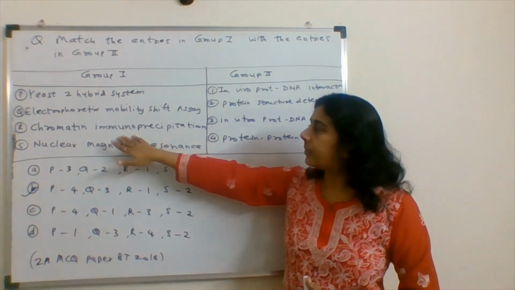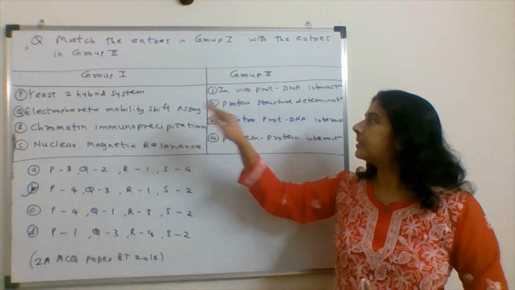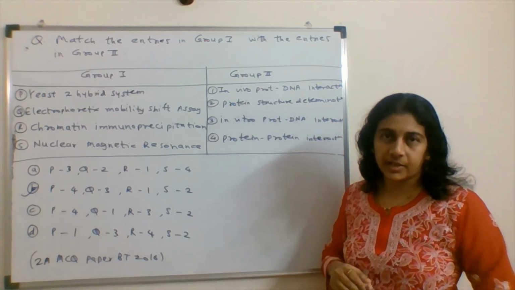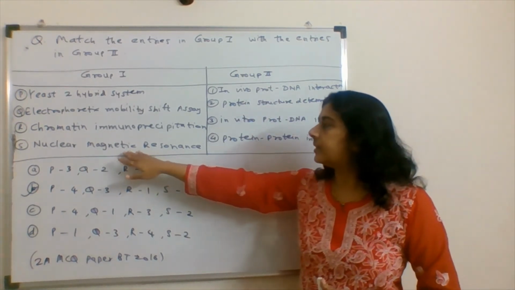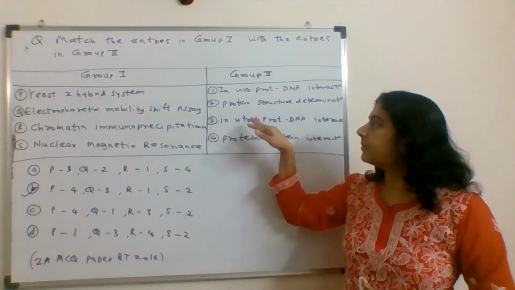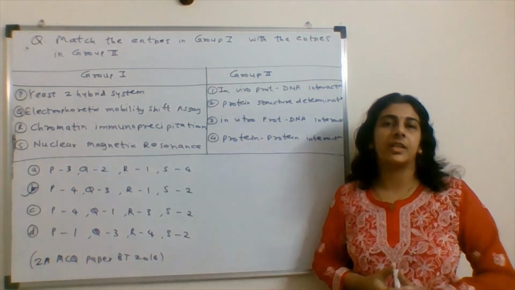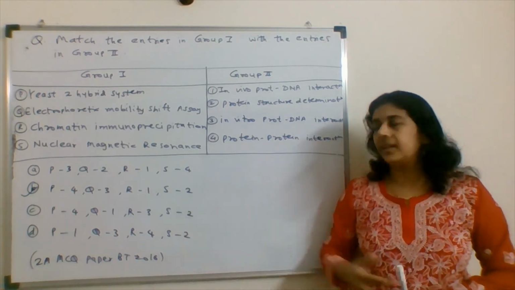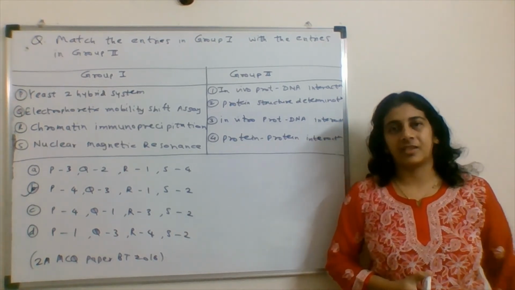Then the third, chromatin immunoprecipitation, is used for in vivo protein DNA interaction, and nuclear magnetic resonance is for protein structure determination. So option B is the correct answer for this question.